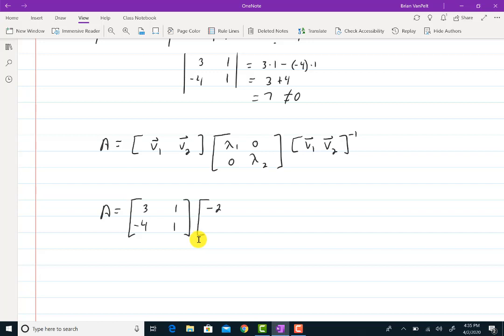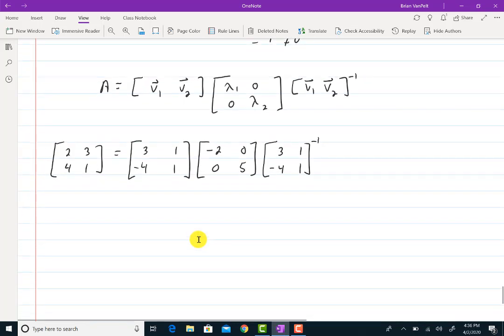Lambda 1 was negative 2. Lambda 2 was 5. 3, negative 4, 1, 1, inverse. So remember A, let me replace A with what it was equal to. That was 2, 3, 4, 1. Now, let me actually multiply it out just to check.